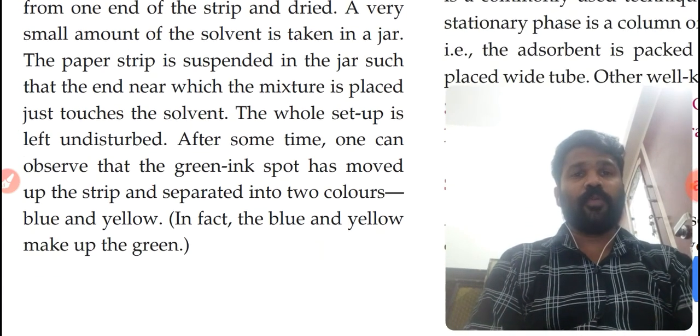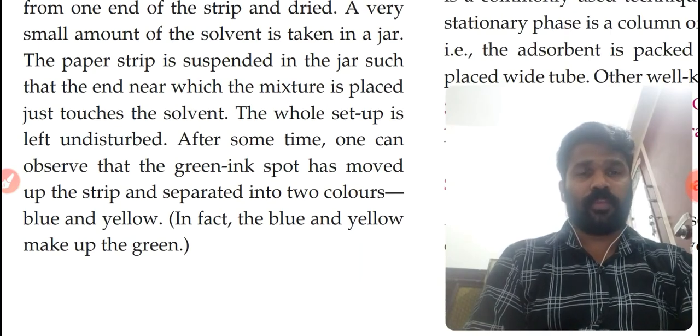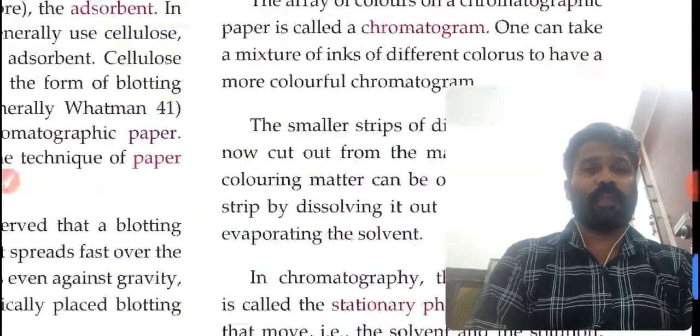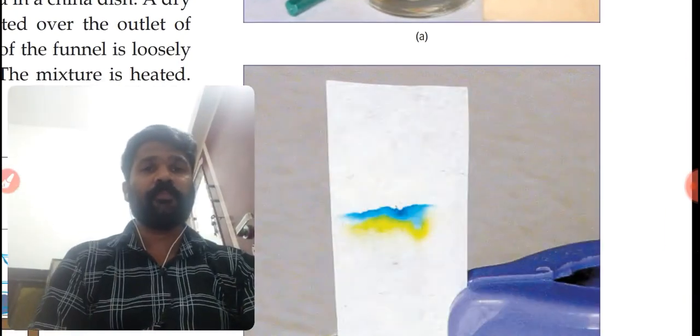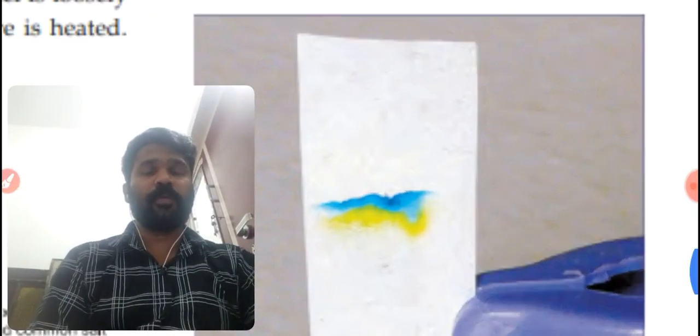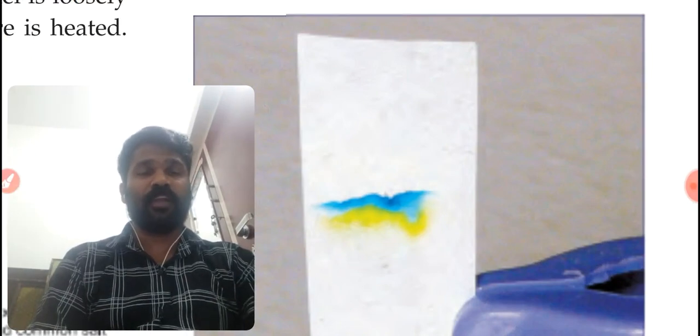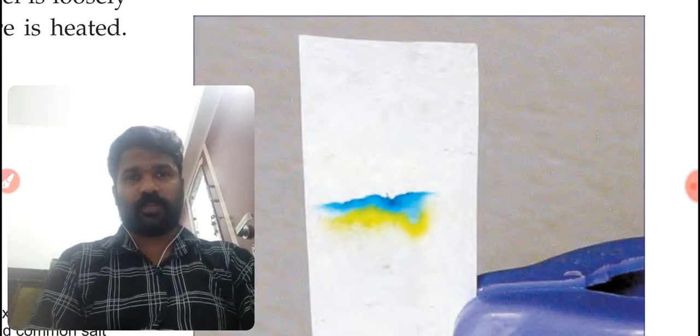In fact, blue and yellow make up the green. You can see the blue and yellow colors there, and the diagram also. You can see the band of colors in the filter paper after drying it.